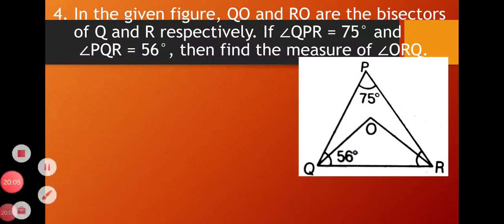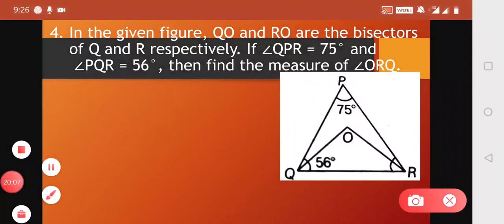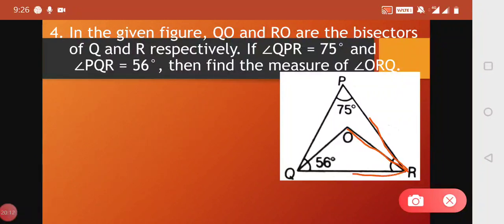Similarly, RO is the bisector of angle R, or also you can write angle PRQ. Bisector means it divides the given angle into two equal parts.